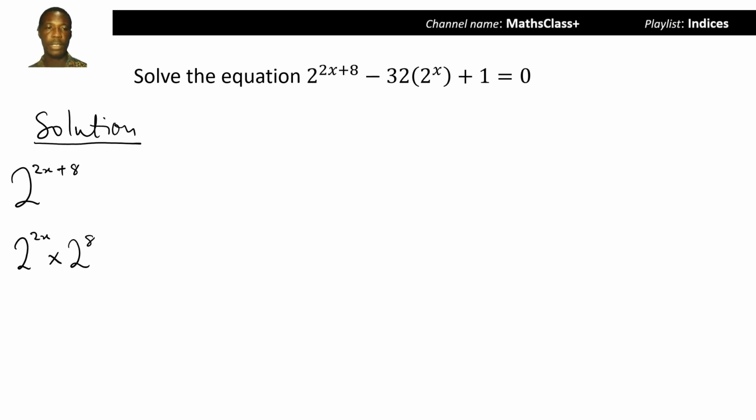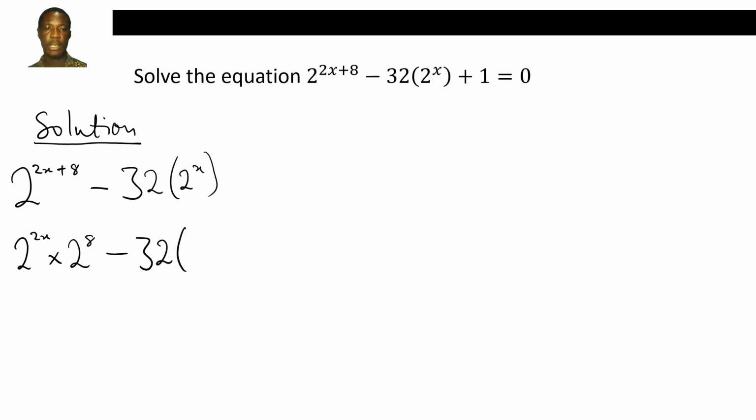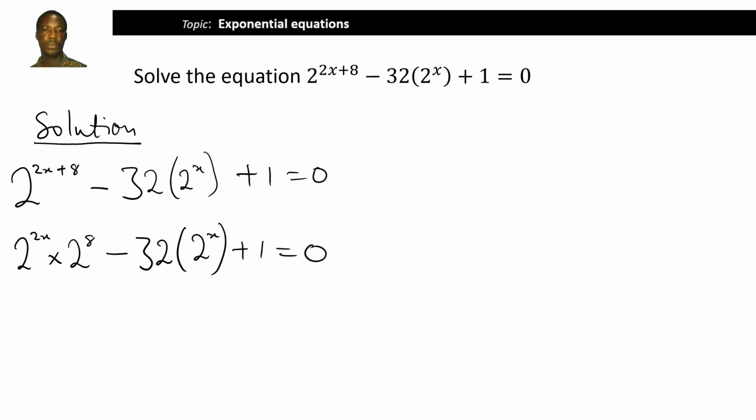Hope you remember this. Then this is minus 32 times 2 to the power x. So we are not changing anything here. We are maintaining it like this, and then plus 1 equals 0.